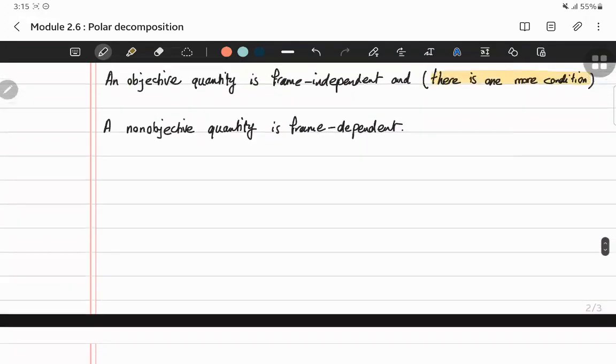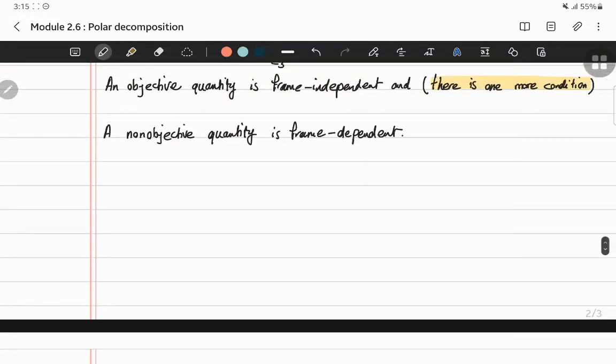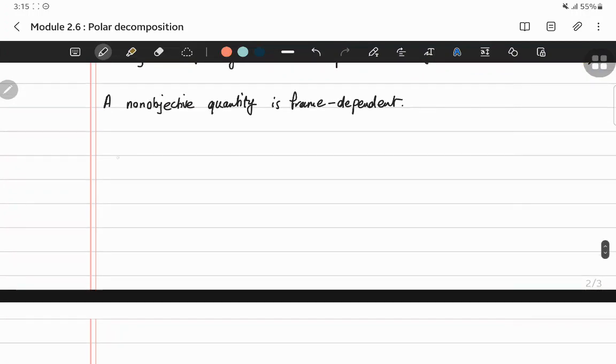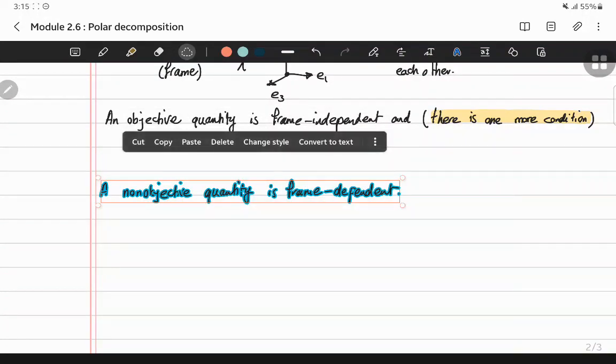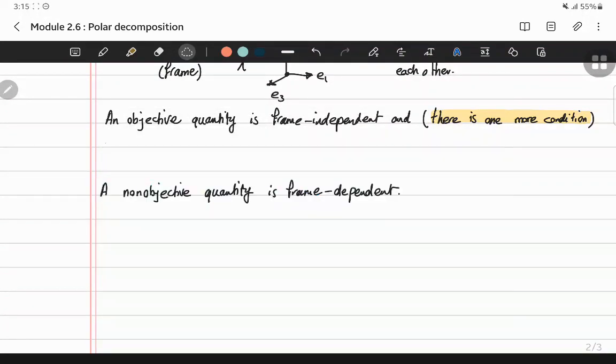So, for example, we may write these as examples: the distance, and also relative velocity or relative position.